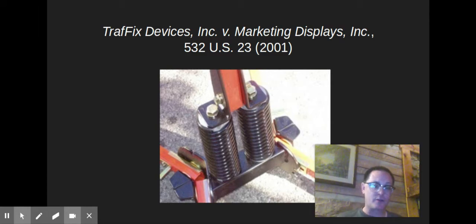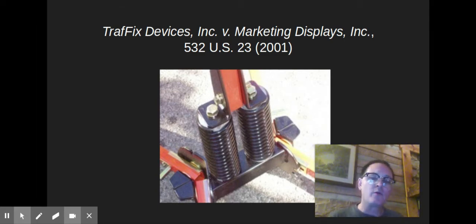And as a consequence, consumers have come to associate this particular element of product design with us, right? They see this two-spring design, and that two-spring design says MDI. Okay, the Supreme Court ultimately says, no, that's not how it works, right?